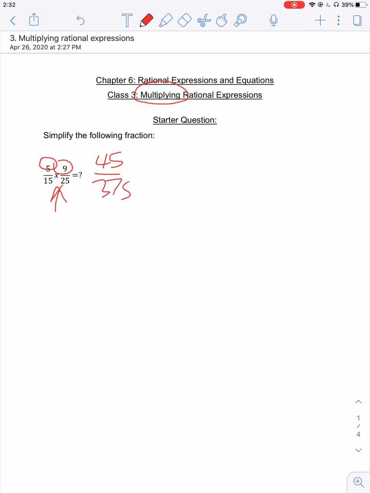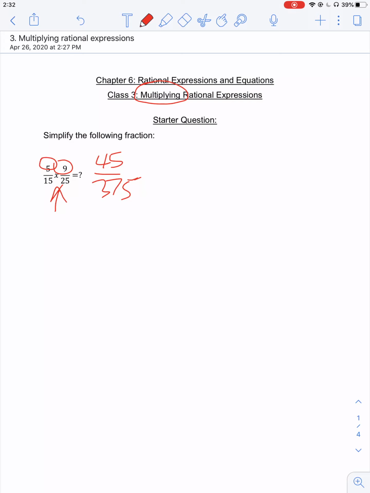So something like that. But let me take a step back. Because it's multiplication, you don't have to find the common denominator. It's the same thing for division. When you multiply fractions or when you divide fractions, you don't have to worry about the common denominator. That's only for addition and subtraction, and that will be the focus for next week. But here, because you're multiplying, that's one way of doing it.